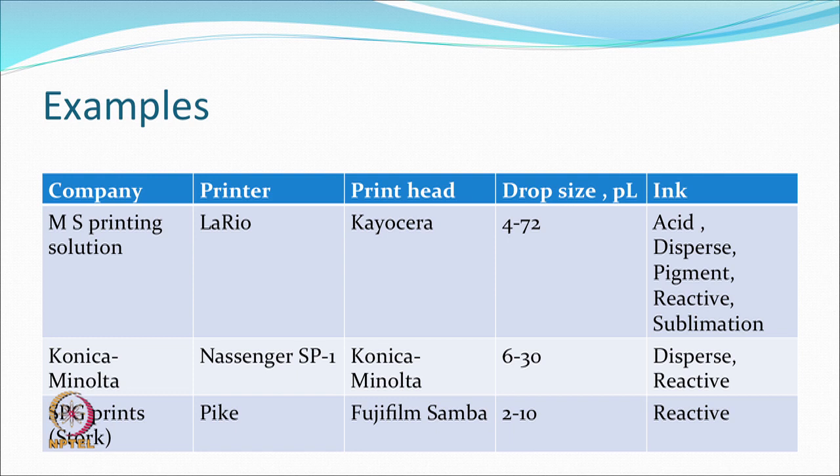Konica Minolta, these kinds of photography companies are in the textile business. So you have a printer made by a machine company with a Konica Minolta print head, and drop size can vary from 6 to 30 picoliters, disperse, reactive.